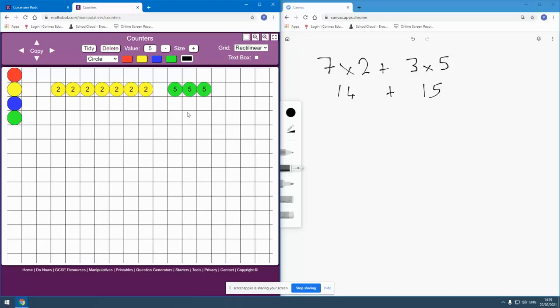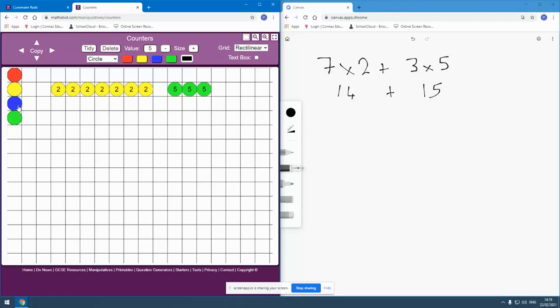And again, if I want to add these together and I know something about addition, then I know that I can't really add these together in their current form because they don't have the same unit value. And that's one of the key properties of addition, that when we're adding numbers where those numbers are represented as objects, in order to add them, they have to have the same unit value.